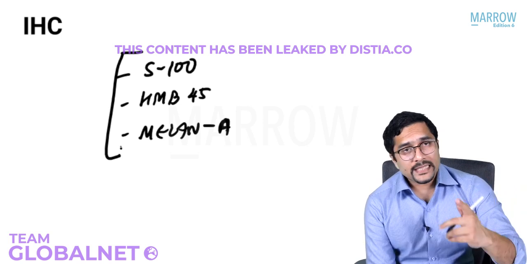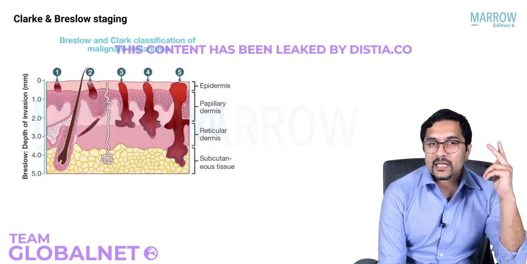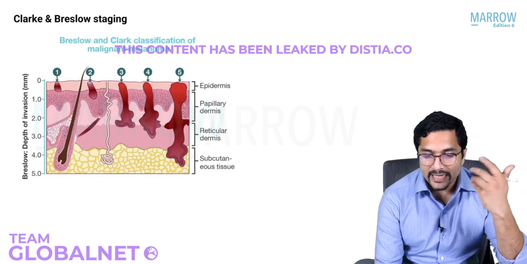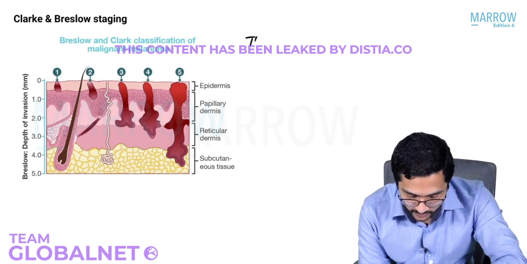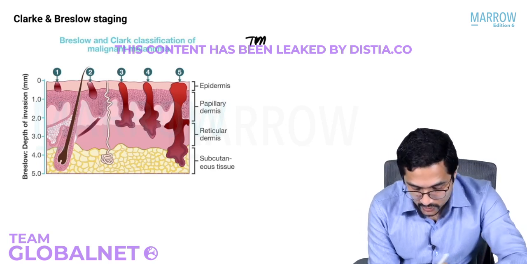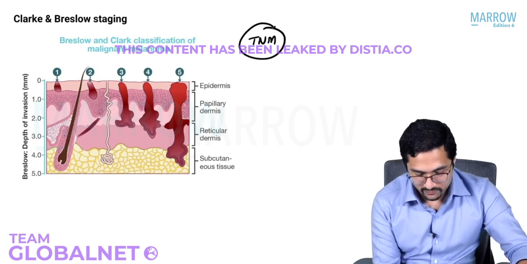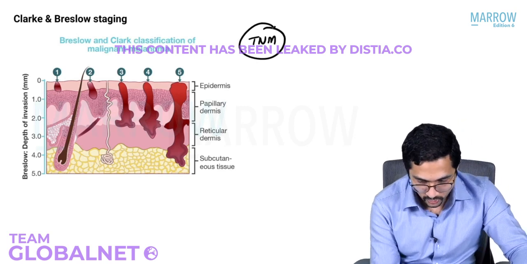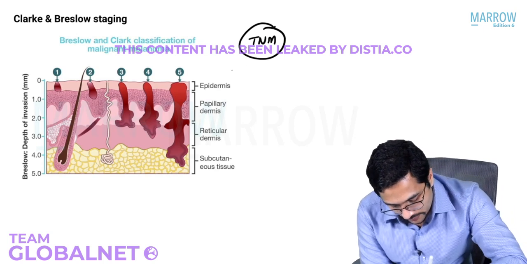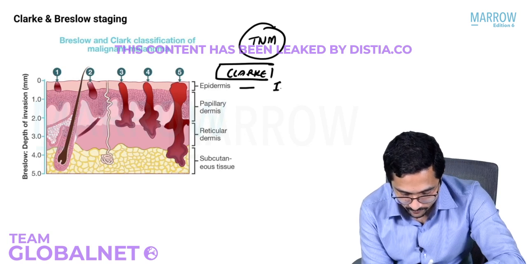Now, we need to know the depth because we need to know the staging of the melanomas. And there are two main staging systems. In addition to the TNM staging, you have the Clark and the Breslow classification as well. Both Clark and Breslow classification are based on the depth of invasion. So if you look at the Clark's classification, epidermis is stage 1.